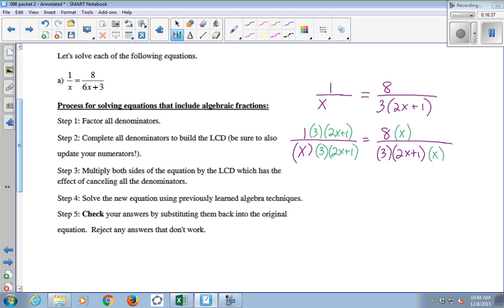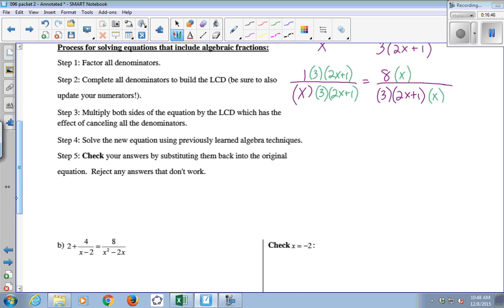The difference here is that I'm not adding or subtracting these two fractions, right? I am trying to solve this equation. So at this point, I can multiply both sides of that equation by anything I want. That's one of the properties of solving equations. I'm going to multiply both sides by the common denominator.